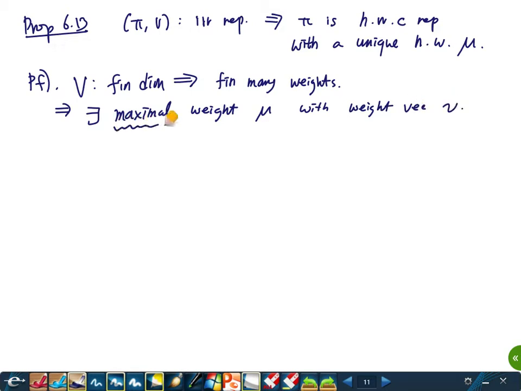Okay. So what does this mean? Usually in mathematics we distinguish these two words, maximal and maximum. Maximal and maximum are different. Maximum implies maximal, but the converse is not true. Because we are working with a partial order, maximum means something that is bigger than everything, like the highest weight. But maximal means something that has nothing above it. For instance, if you know a Hasse diagram, something above is bigger than this one.